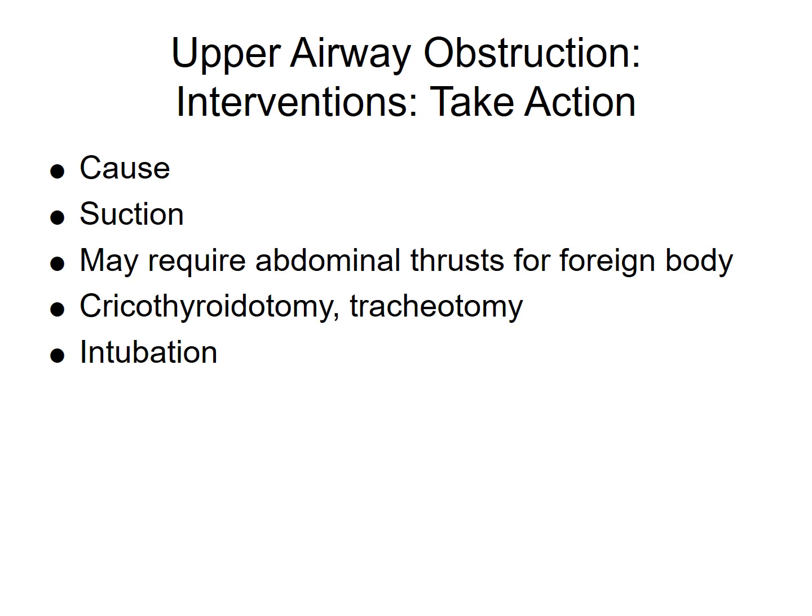The doctor first creates a tracheotomy and then does the tracheostomy. Again, this procedure can be done at the bedside, but it is best performed in the operating room, under either local or general anesthesia.